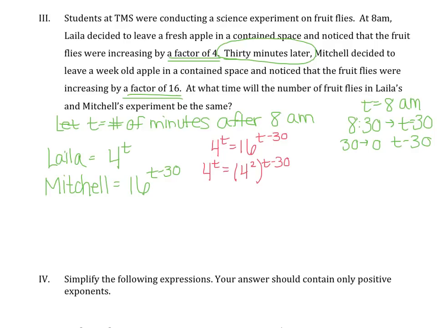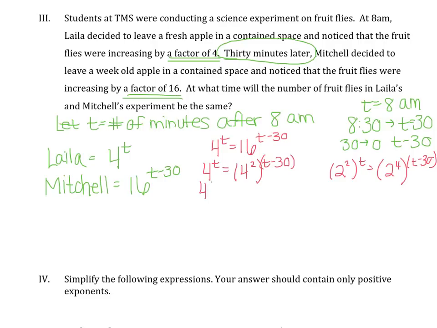But on a side note, you could have also had 2 squared to the power of t equals 2 to the 4th to the power of t minus 30. And as I'm just reminded, put parentheses around your exponent when they're expressions. So either way is going to give you the same answer in the end.